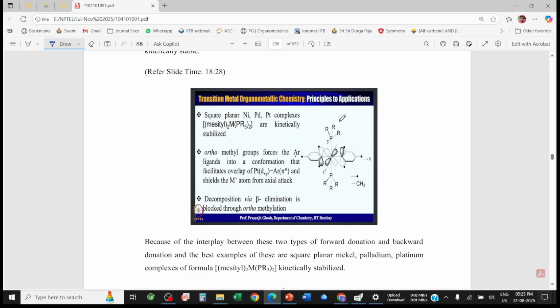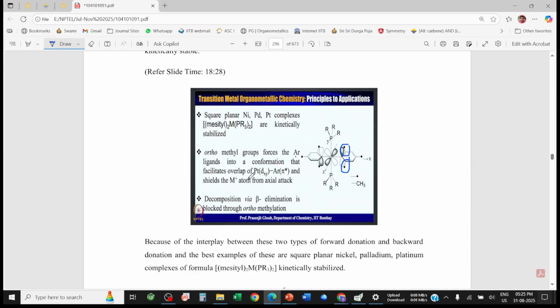Here the methyl group is there in the ortho position like this, and this methyl group actually bends or rotates that structure. So the ortho methyl turns the aromatic ring to a conformation that facilitates the overlap with the platinum dxy and pi star and shields the metal positive charge from the axial atom.